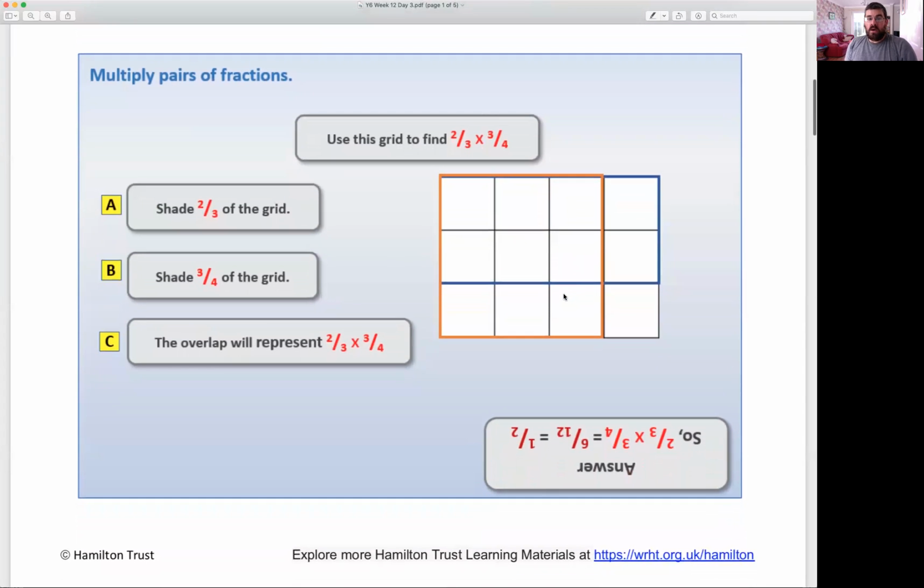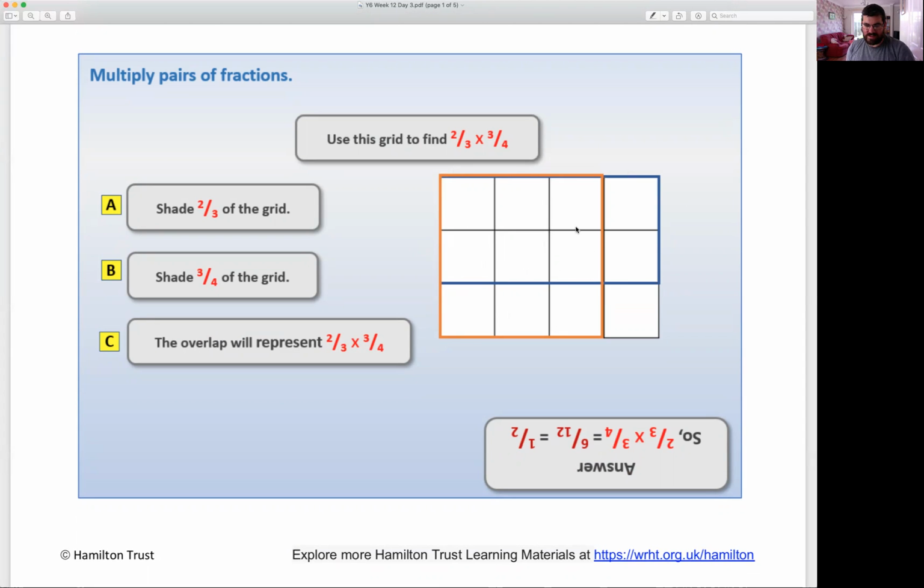Okay, 2/3 times 3/4. Again, they've done thirds along here. They've three rows. They've cut their nice rectangle into 3, and they've cut it into 4 this way. They've outlined their 2/3, 2 rows, and 3/4, 3 columns.